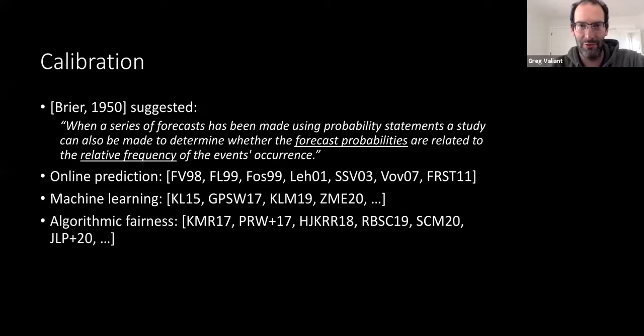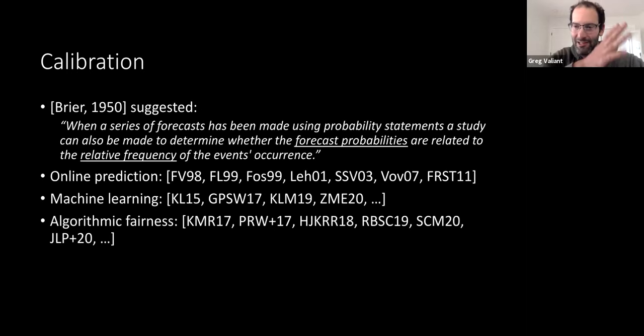And in the theory community, calibration has cropped up a lot in the algorithmic fairness community, for the simple reason that if for some demographic, when I predict that they will repay their loans with probability 0.3, this 0.3 isn't close to the historical fraction of times they've repaid their loans, this exactly corresponds to one's intuition for what discrimination means, right? So calibration has had somewhat of a renaissance.